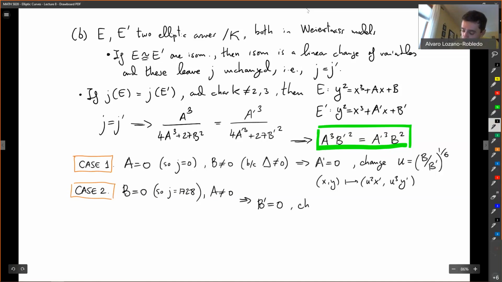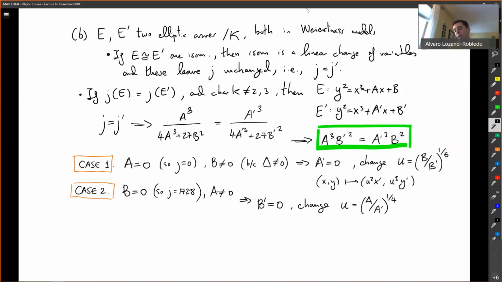And then I can do one of the short changes of variables with U equals A over A prime to the 4th power. That will actually bring you from one model to the other.